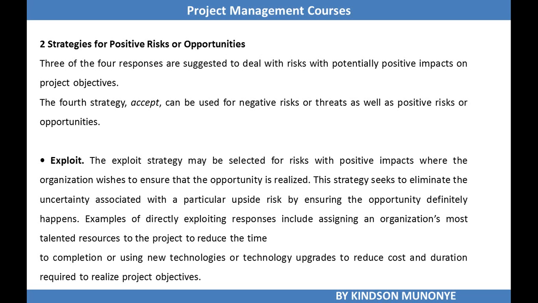Examples of directly exploiting response include assigning an organization's most talented resources to the project to reduce the time to completion, or using new technologies to help reduce costs and the duration required to realize the project objectives.